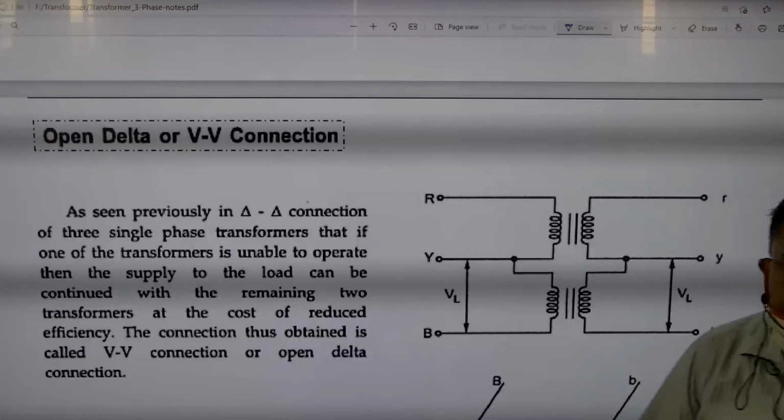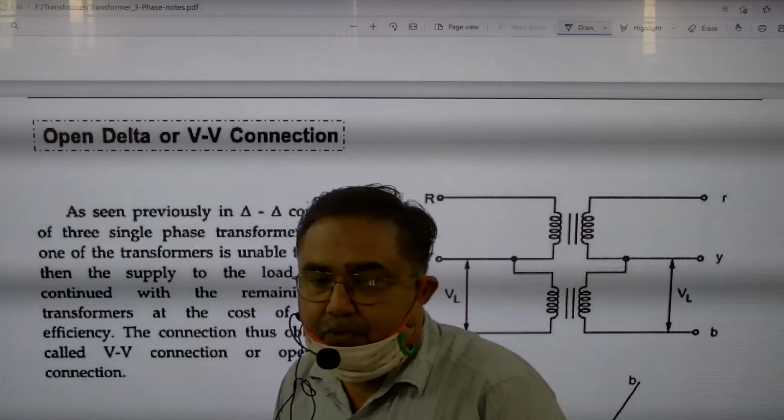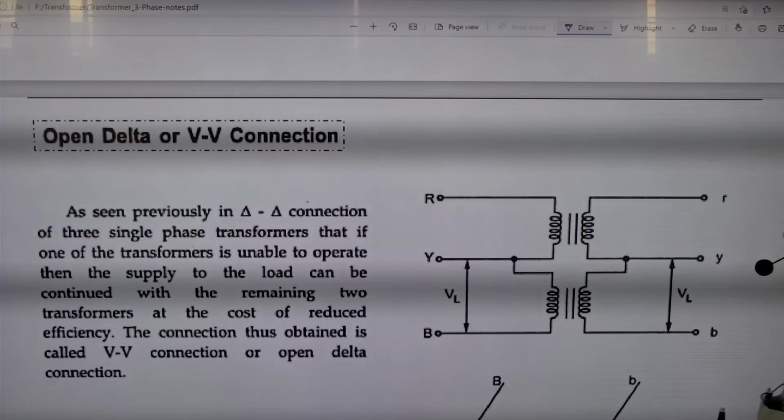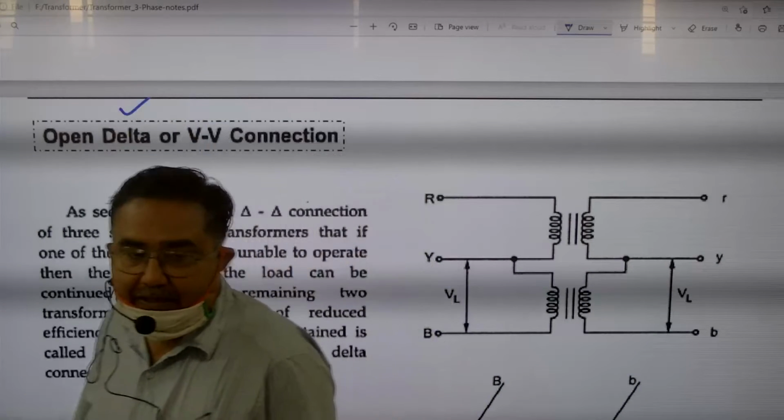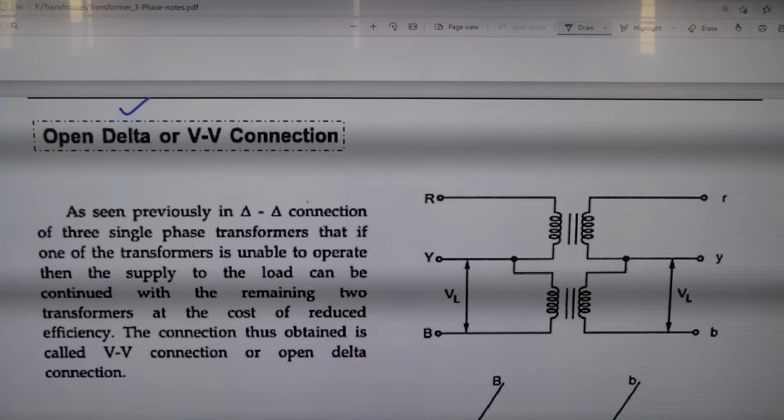Now, the fifth type of connection, this is also very important. It is also called an open delta. It means you have a delta-delta connection and open one winding.